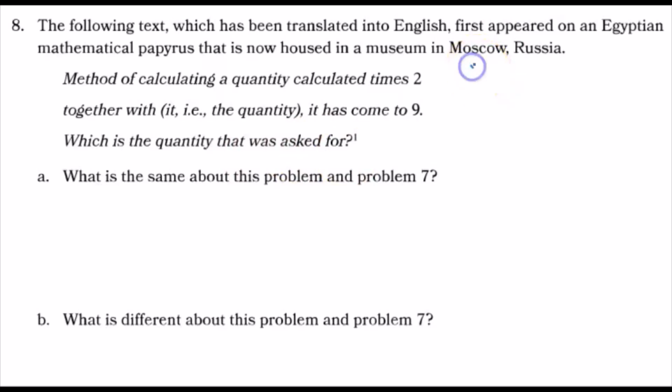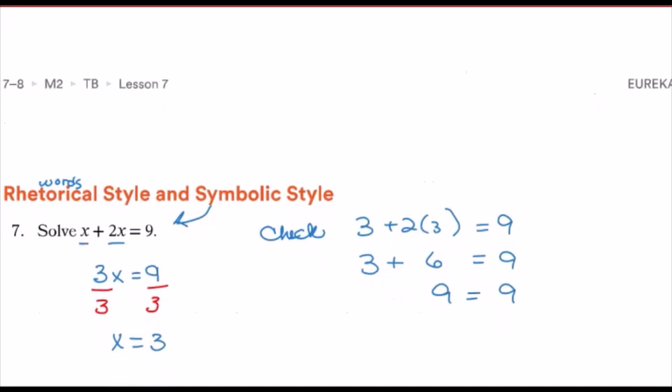So if x equals a quantity, the method of calculating a quantity calculated times 2, so 2x, has come together with it, has come to 9. So that's actually the same equation that we just solved up here.